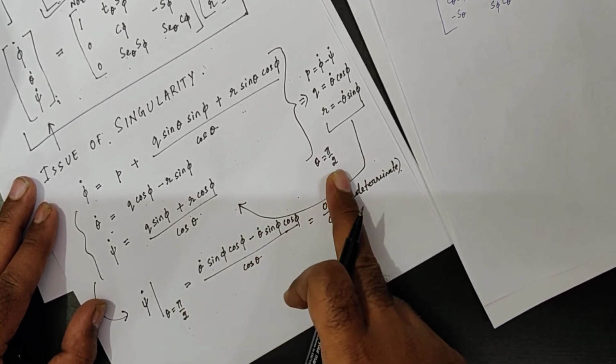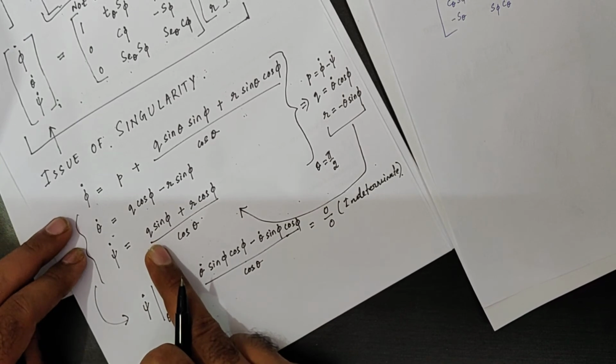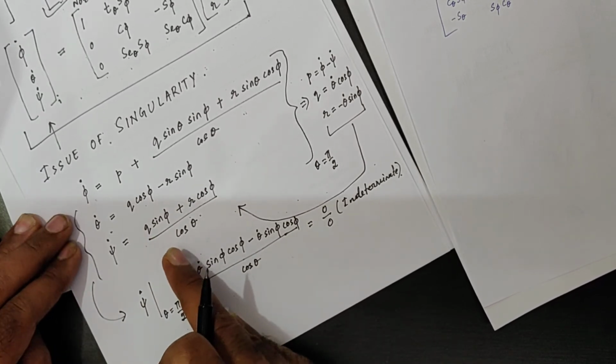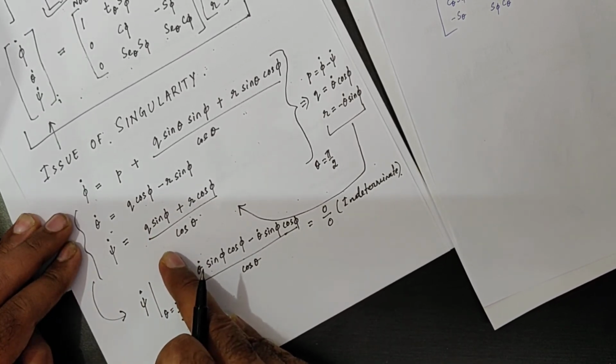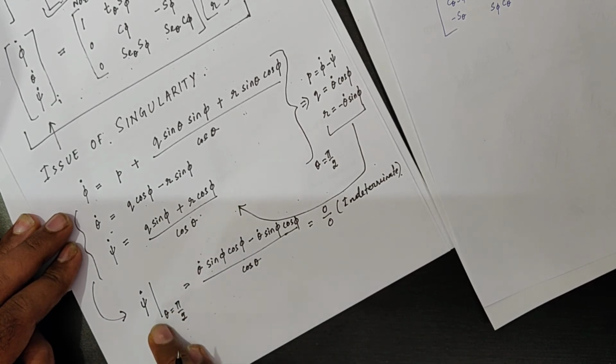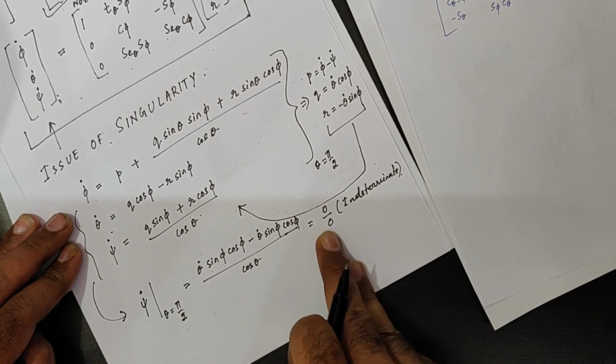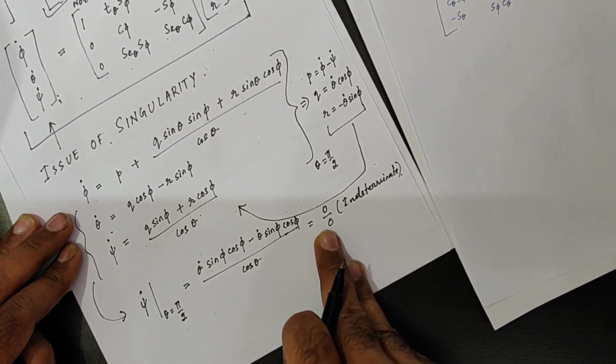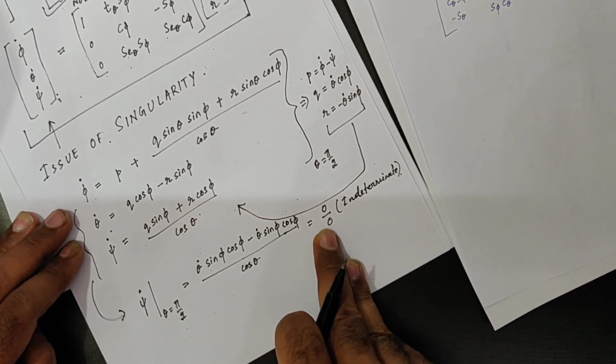So at theta equals pi by 2, while you are intending to find the values and integrate these equations, you see these values themselves are giving indeterminate form.